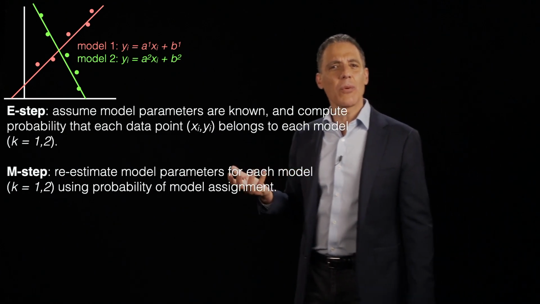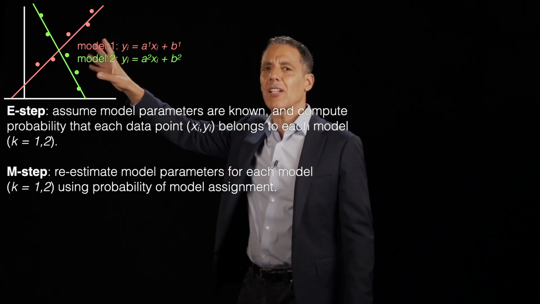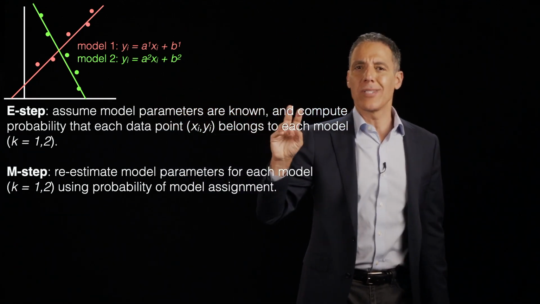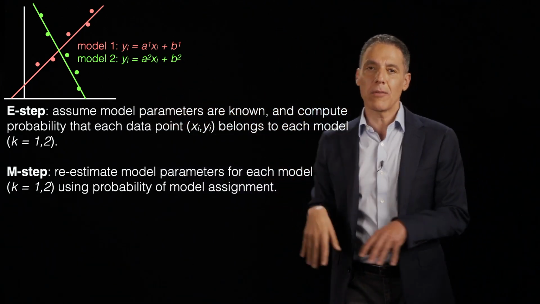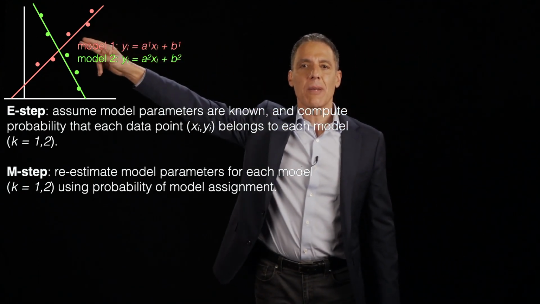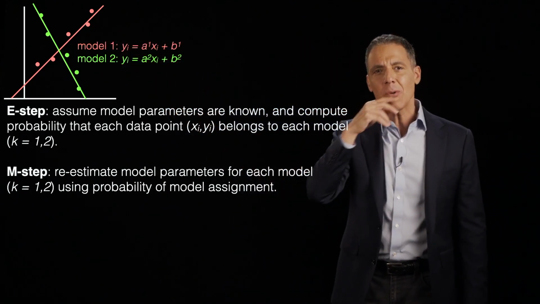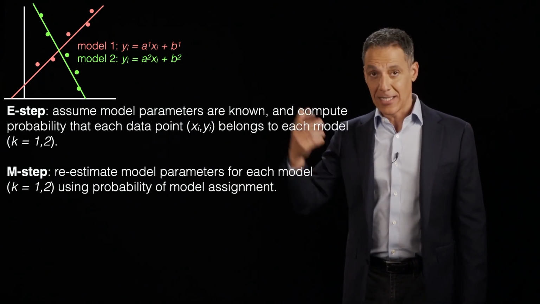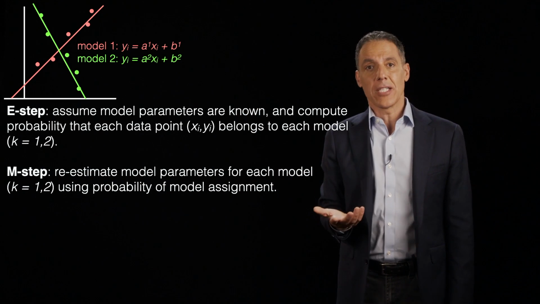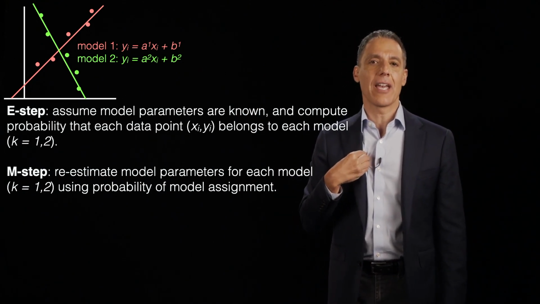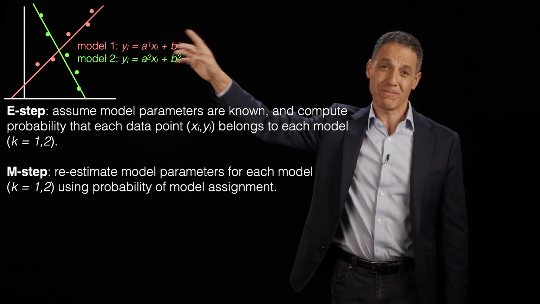But that's not really what we have. We haven't actually clustered the data in any real way yet. Every data point says, look, I belong to model 1 with this probability, I belong to model 2 with this probability, and now your job is to re-estimate model 1 and model 2. And so what I have associated with every data point and each model is a probability, a weight that says, here's how likely I think I am to be associated with this model.